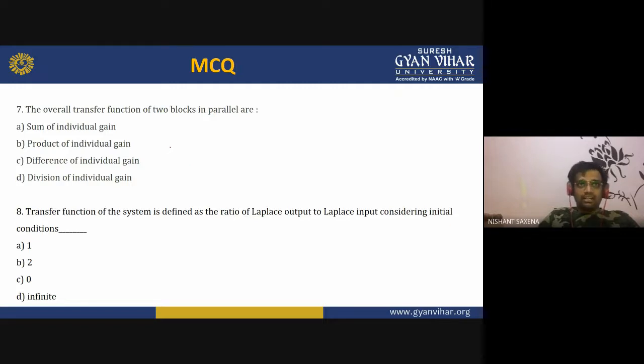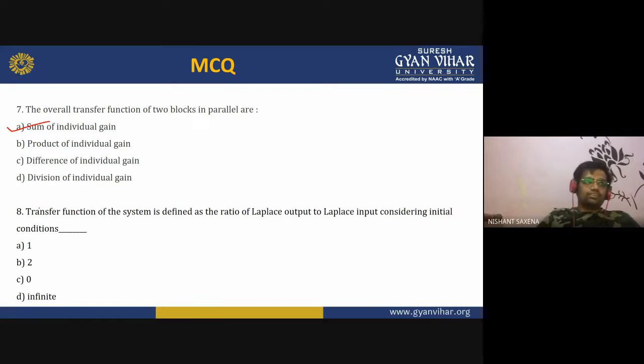But in general, if no polarity is defined in the question, then always consider positive signs, positive polarities. So the answer of this question will be the first one, A. It may be a misleading question, but the trick is that you have to assume the positive signs only. Don't use the negative signs.